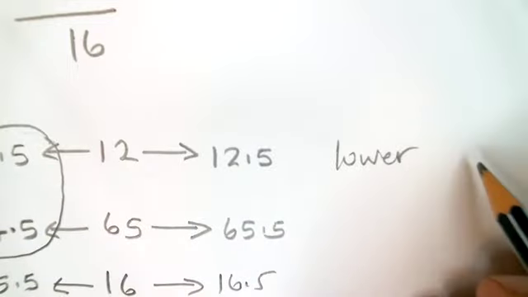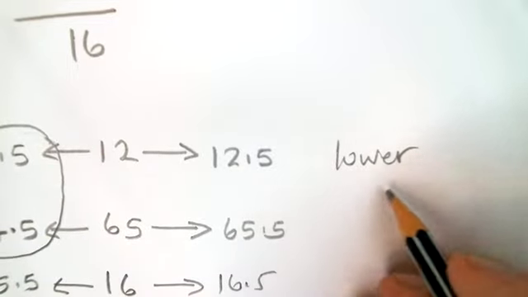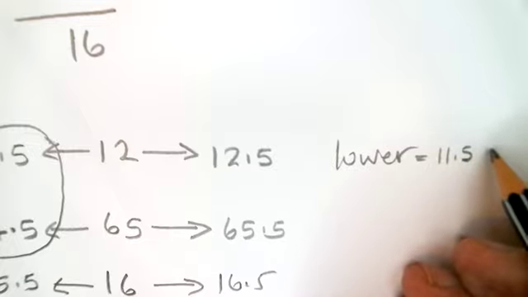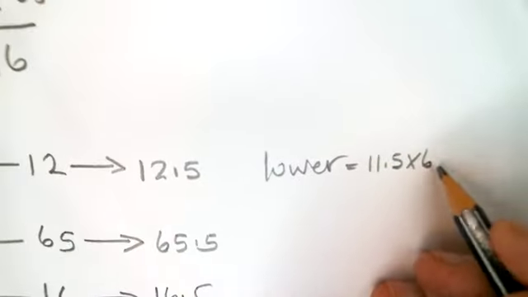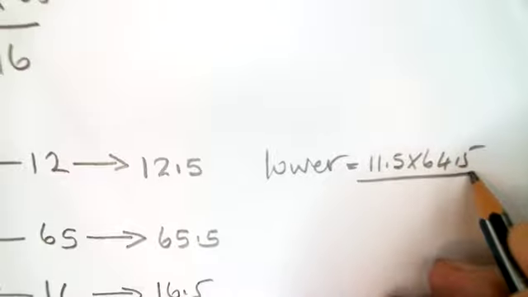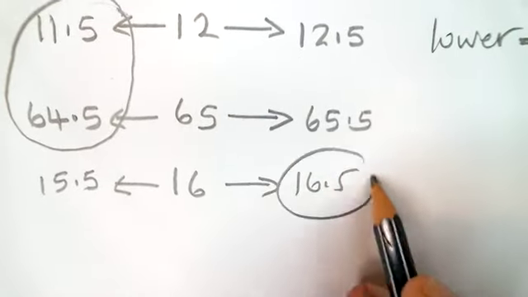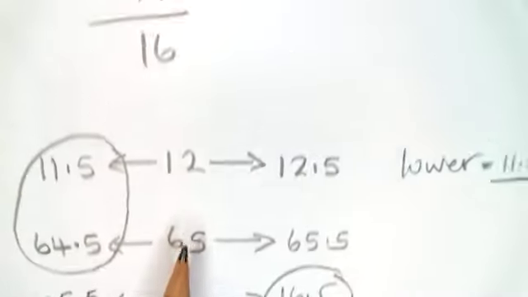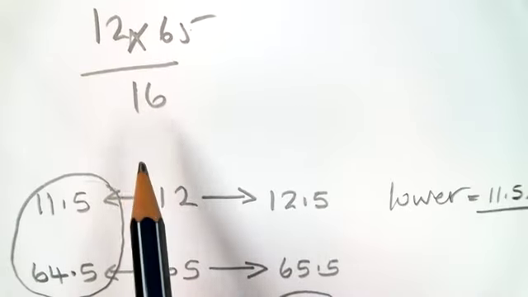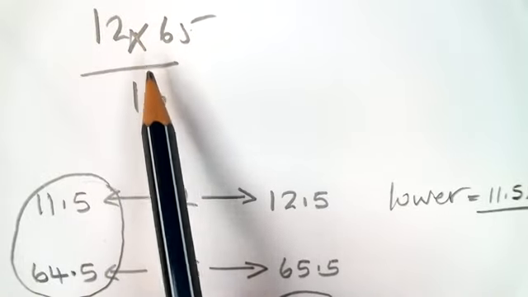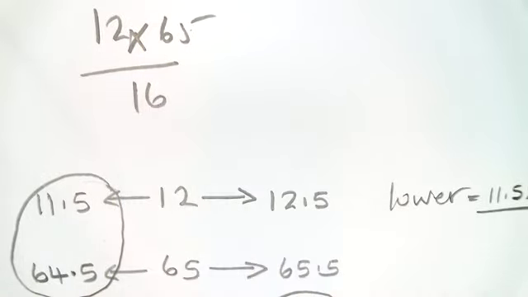So that's going to be, in fact, I'll write it here, equal to 11.5. And I'm going to multiply that by 64.5. I'm going to divide that by the upper of the lower. Here's the lower value here at 16. I'm going to divide this lot, take the lower for this lot and the upper for this lot, and that's going to give me the lower value.